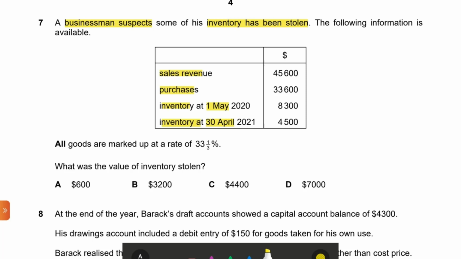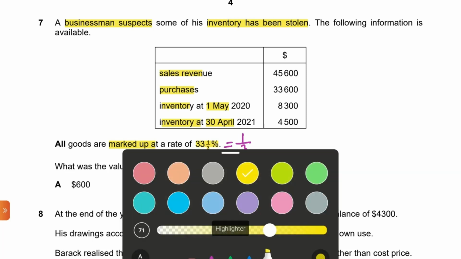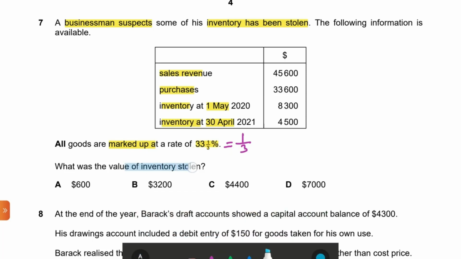All goods are marked up at 33 1/3%. 33 1/3% means 1/3 of cost. What was the inventory stolen? Our question is to find the value of stolen inventory.